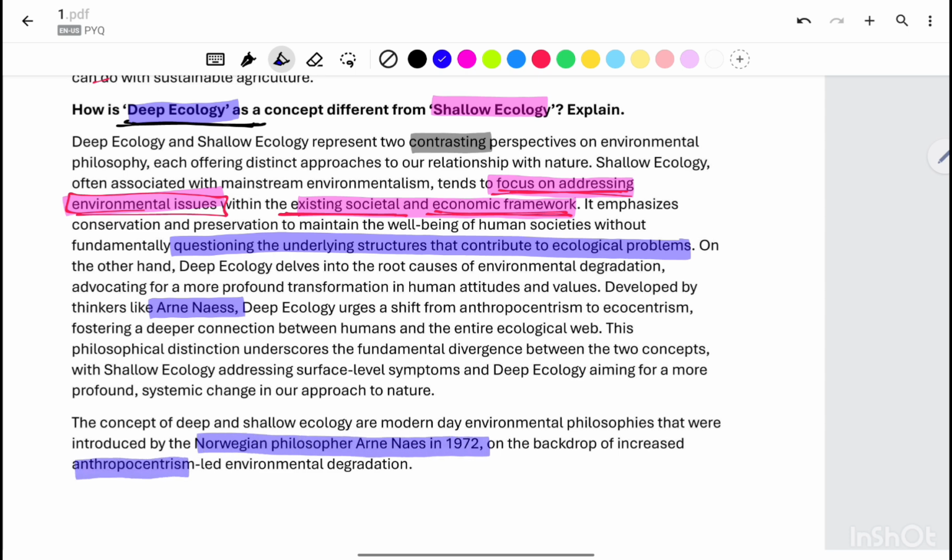Increased anthropocentrism led to environmental degradation. Deep ecology urges a shift from anthropocentrism to ecocentrism. We have a deep connection between humans and the entire ecological web.